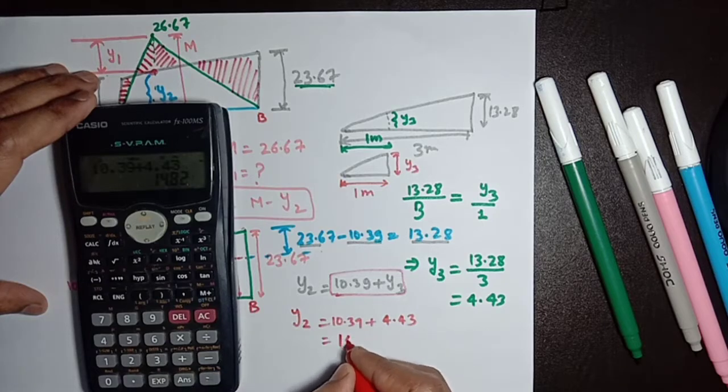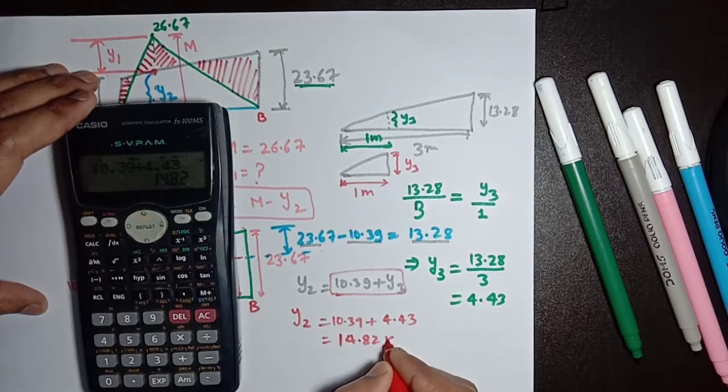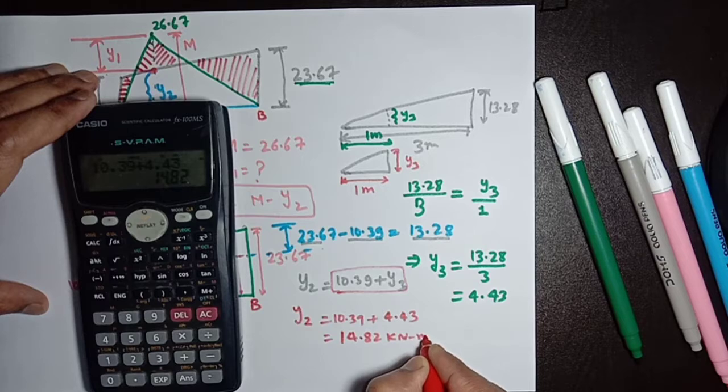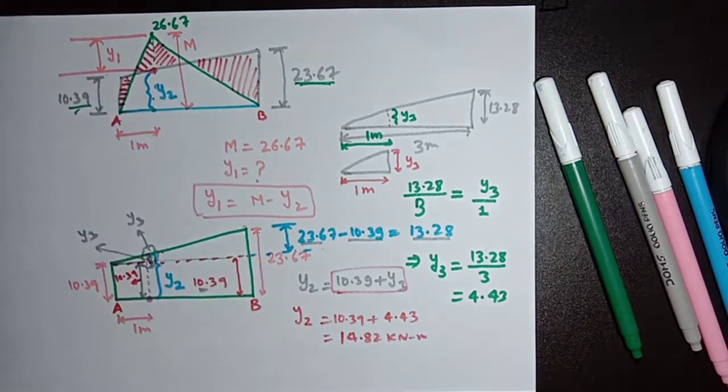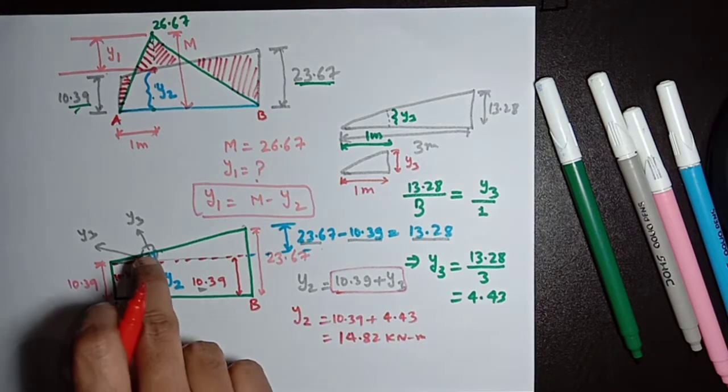It will be 14.82 kilonewton meter, as we are dealing with the moment value. 14.82 is the value of y2.